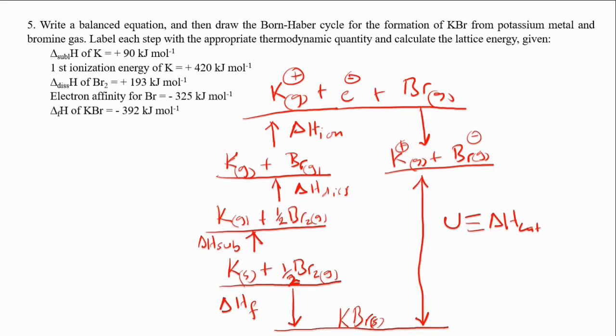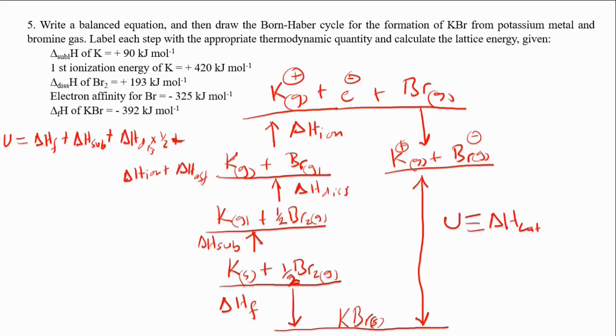Now, what we want to do is to calculate the lattice energy from all of this. The lattice energy, U, is equal to the delta H of formation plus delta H of sublimation plus delta H of dissociation times a half, of course, plus delta H ionization plus delta H affinity, AFF.